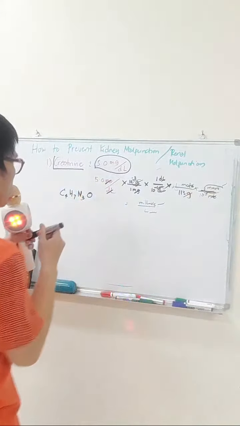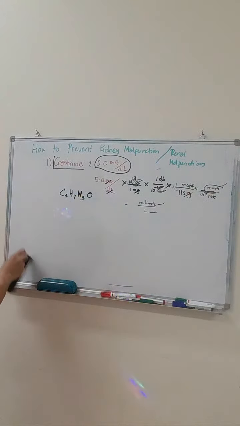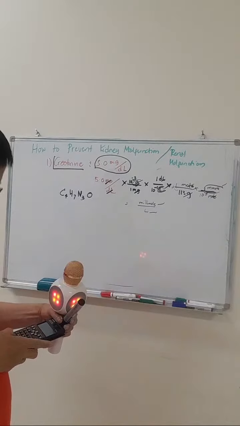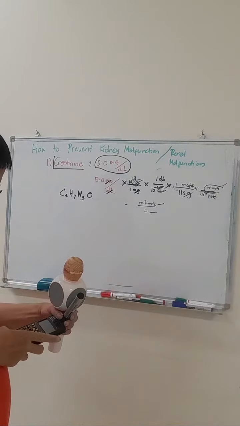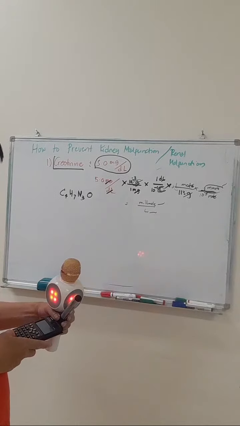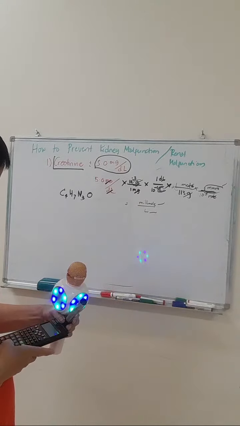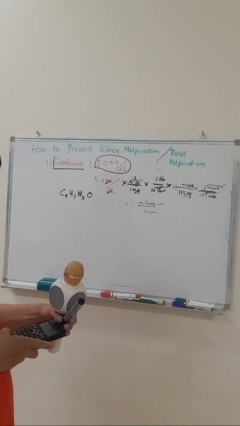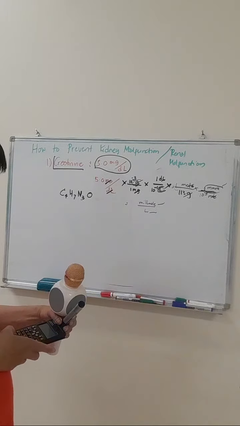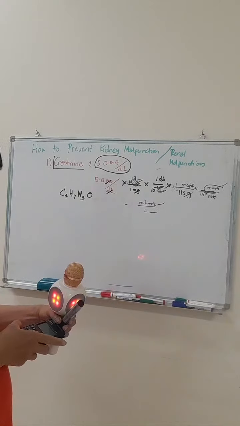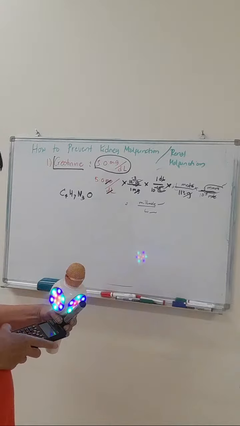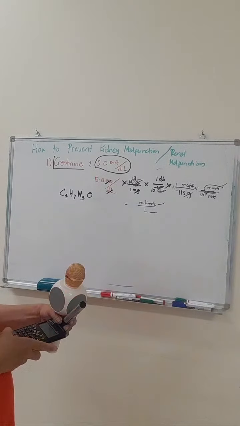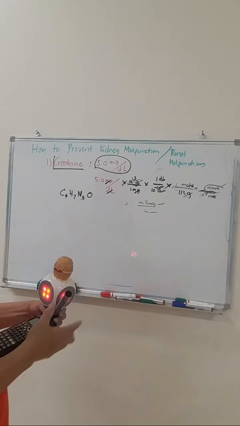Okay, so compute. 10 exponent negative 1 times 113, so 2 times 10 exponent negative 3 is equal to 1.13.